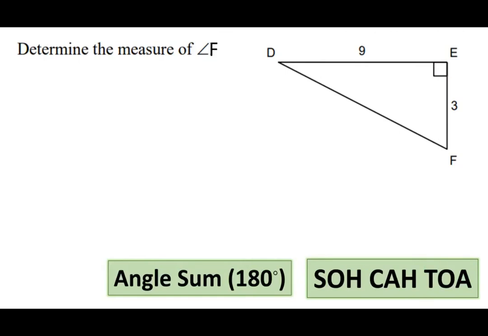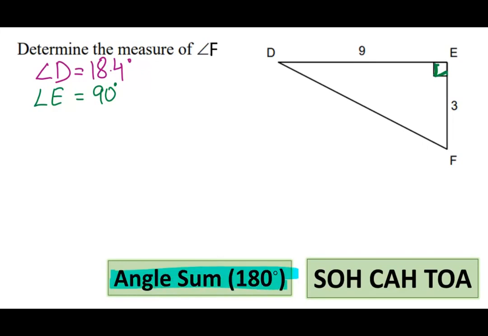Now we need to determine the measure of angle F. We already know that angle D is 18.4 degrees. And we know that angle E is 90 degrees. Now, if we already know two angles, we can find the third angle by using the Angle Sum Theorem, which means the sum of all angles inside a triangle equals 180 degrees.